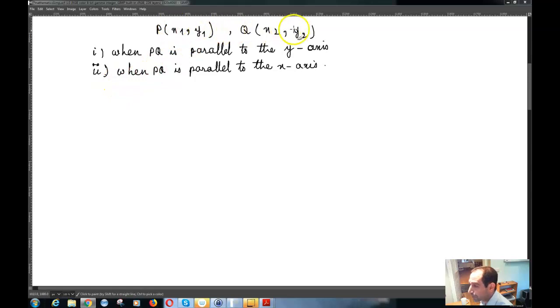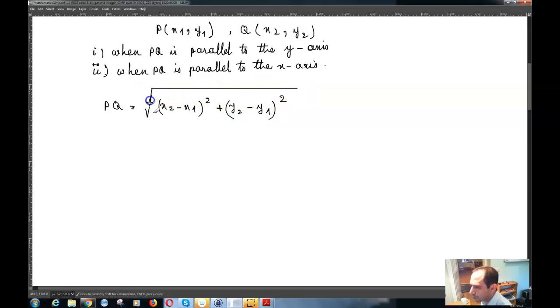So we said that if you have 2 points P and Q, meaning that if P is equal to x1, y1 and Q is equal to x2, y2, then the distance PQ generally is equal to the square root of x2 minus x1 whole squared plus y2 minus y1 whole squared, and that's called the distance formula.